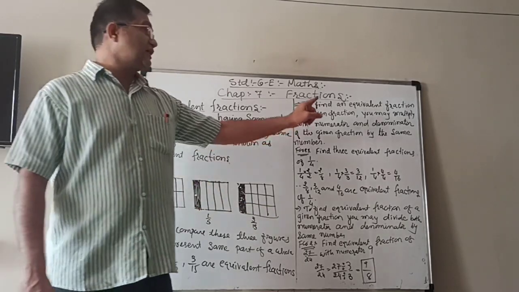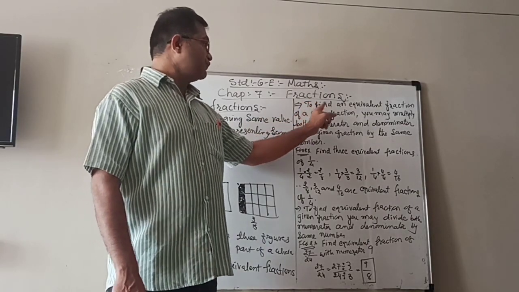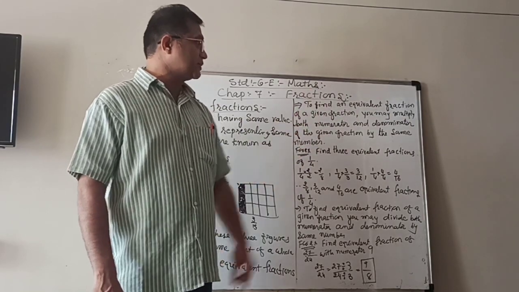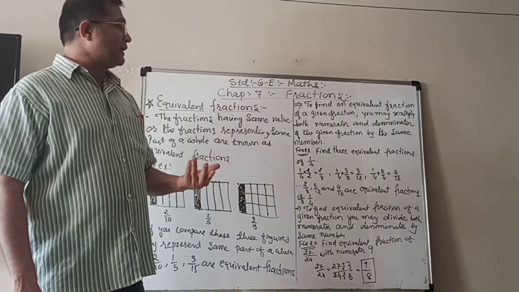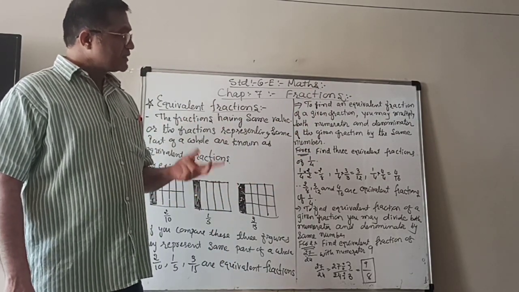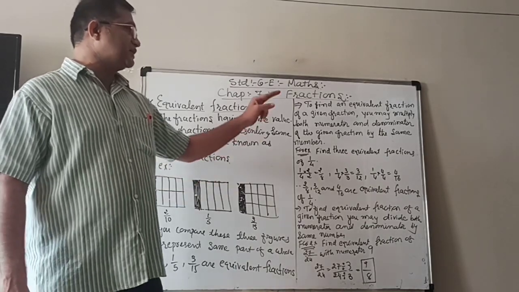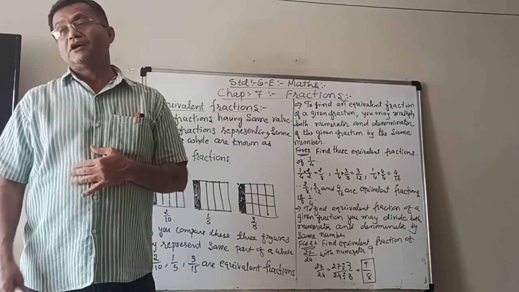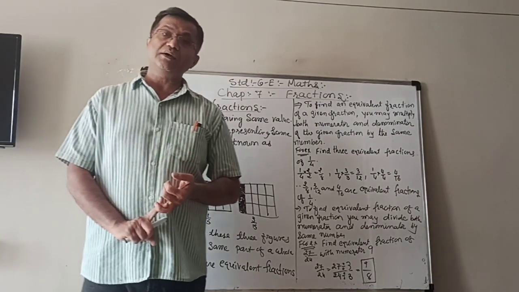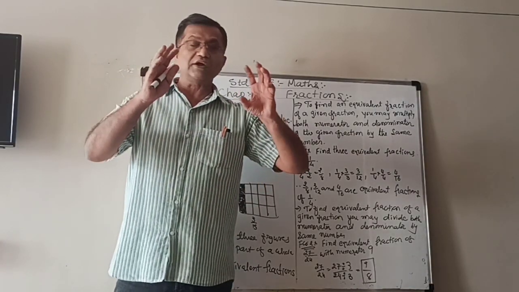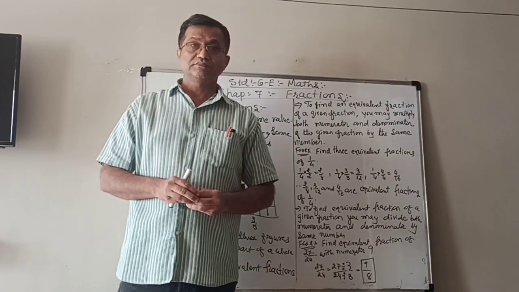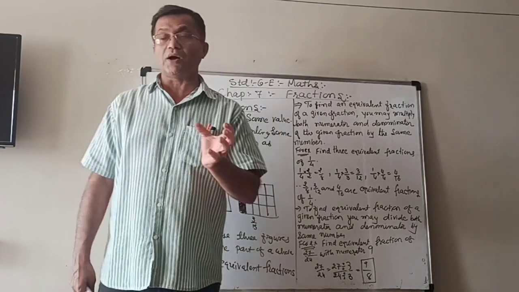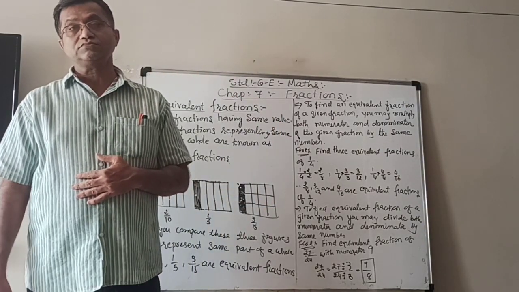First of all, let us see. First, to find an equivalent fraction of a given fraction, you may multiply both numerator and denominator of the given fraction by the same number. So when you are given a fraction, then you have to find some equivalent fractions of it.